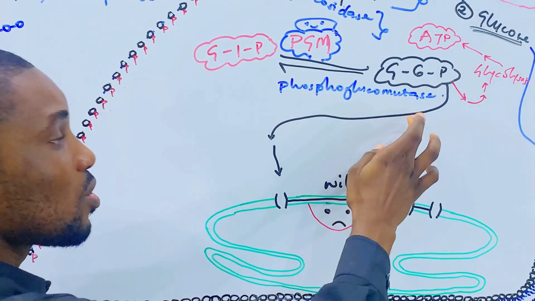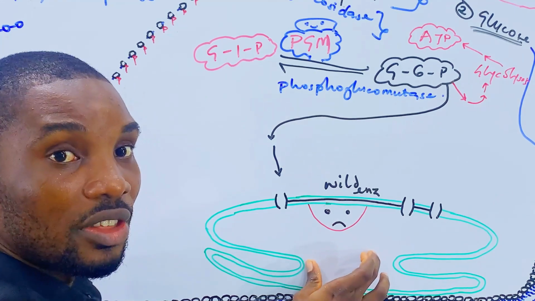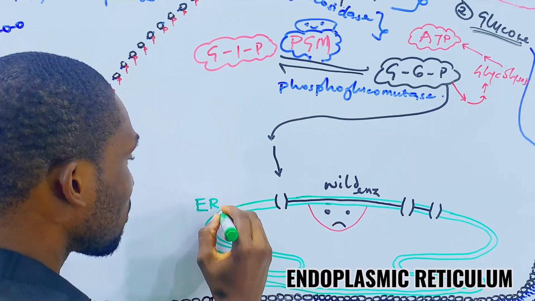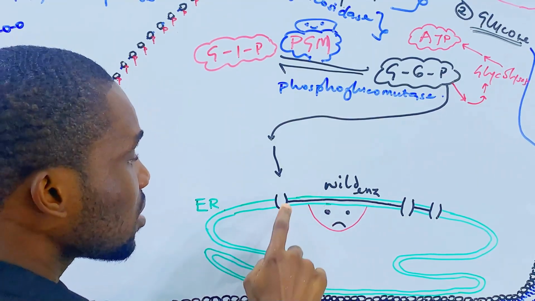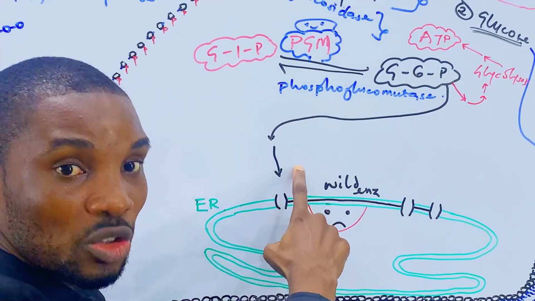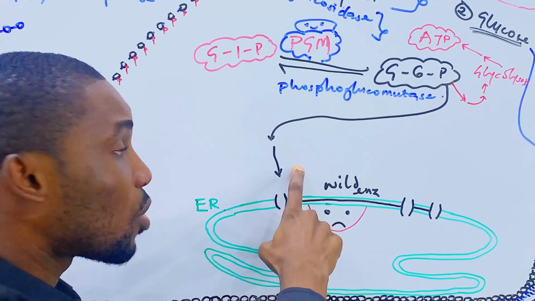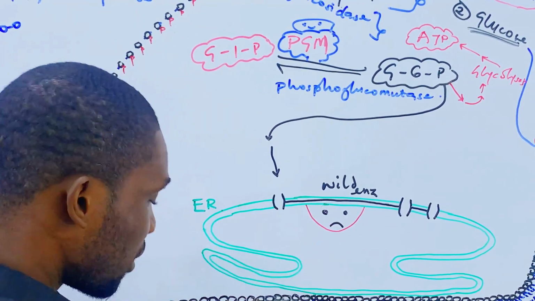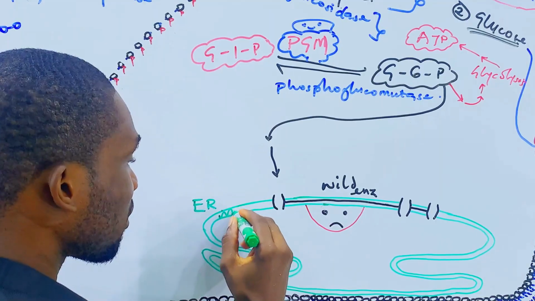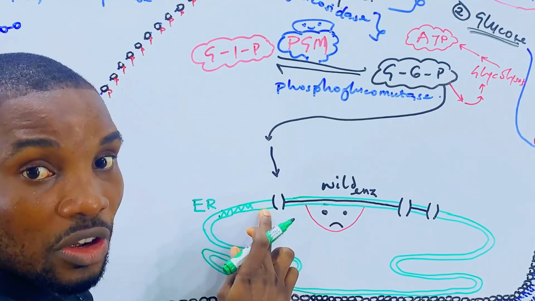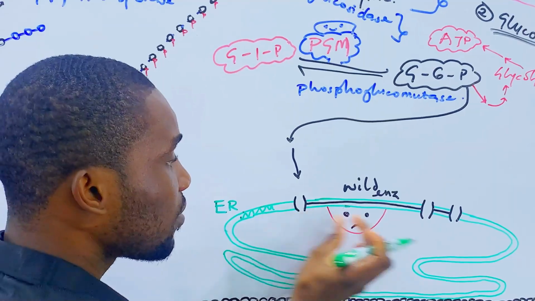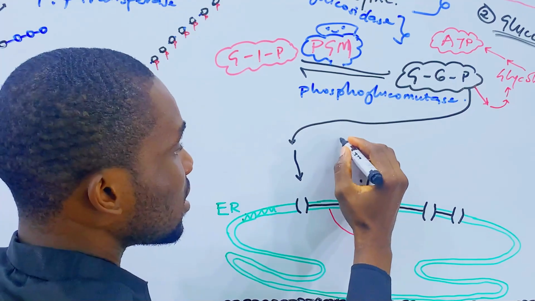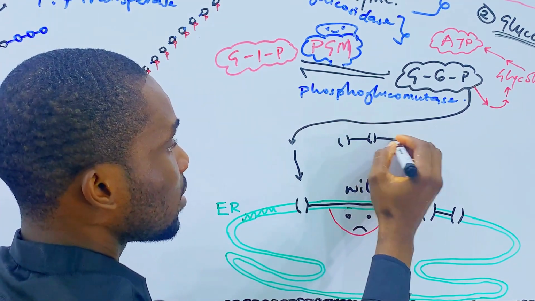Now, for the glucose 6 phosphate to enter the endoplasmic reticulum, remember that this is our endoplasmic reticulum over here. It needs a transporter that will transport it from the cytoplasm where glycogen breakdown occurs to where? The endoplasmic reticulum. And within the membrane, this is the membrane of the endoplasmic reticulum over here. So within the membrane of the endoplasmic reticulum, what do we have? We have these transporters. So it's a complex transporter. You can notice that it's something like this.